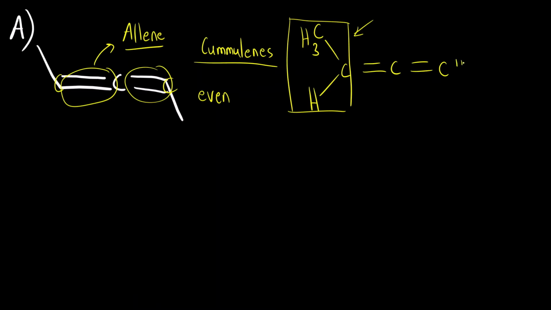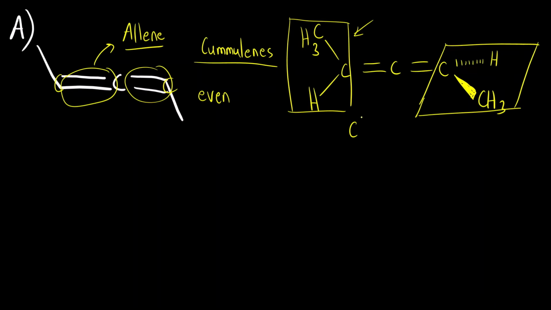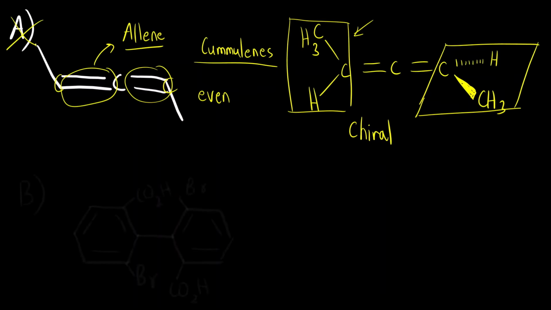So hydrogen here will be below the plane of the paper and this methyl will be above the plane of the paper. So overall it is going to be chiral, so this is not the correct answer.